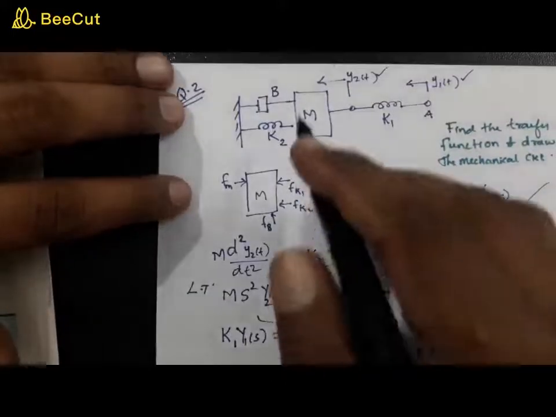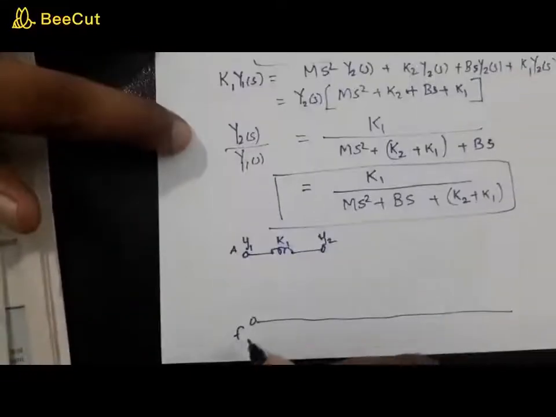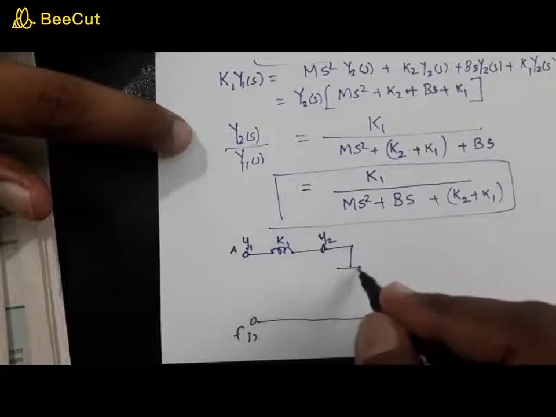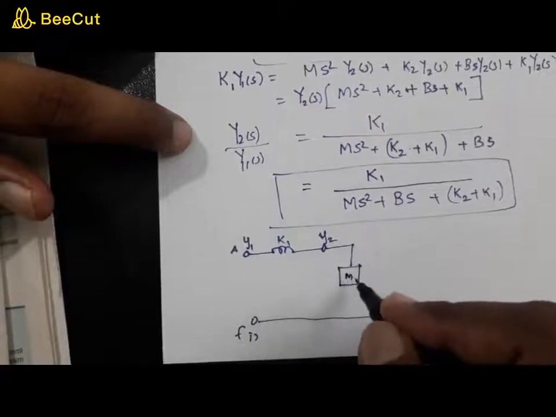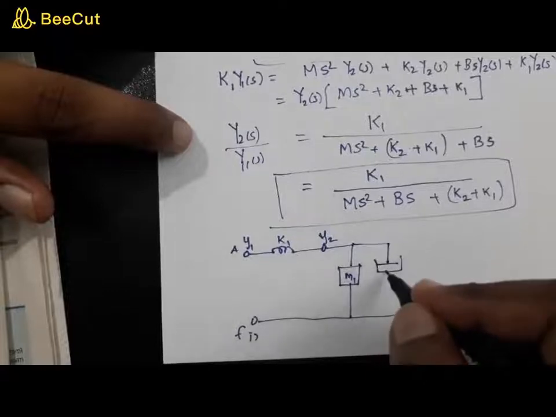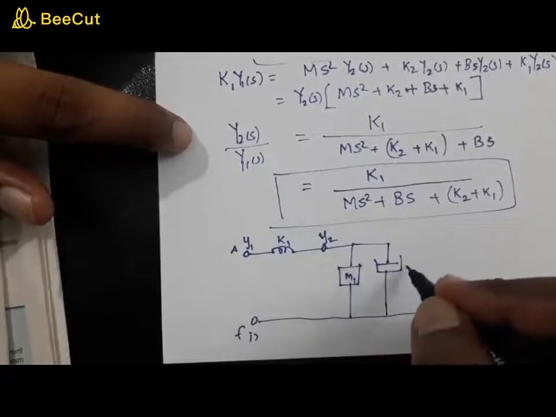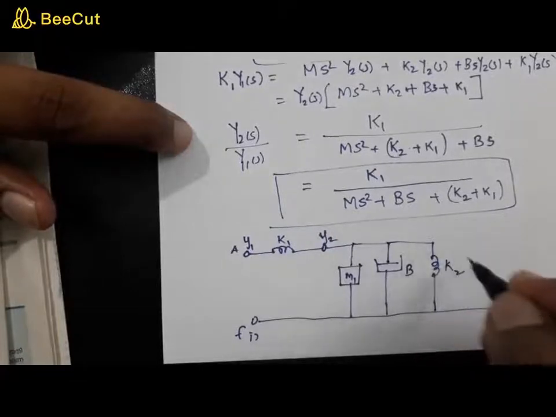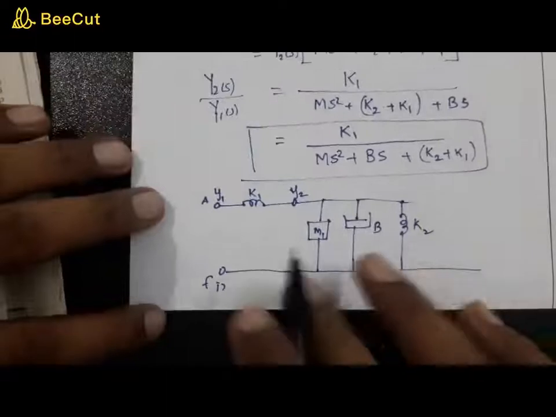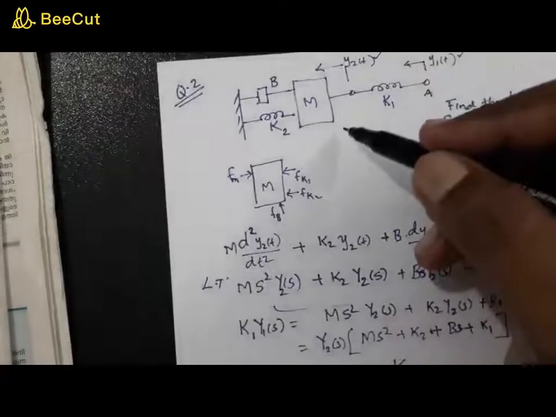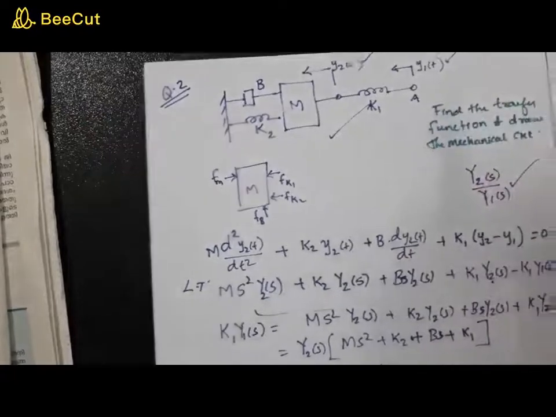So the fixed side always refers to the reference node. So you can have a parallel connection of these. You can have something like this: this is M1, then you have a damper, this is B, and you have a K2, that is the spring. Okay, so this is the mechanical circuit of this system. Hope you understood this.